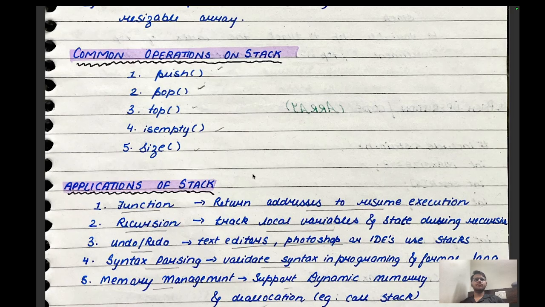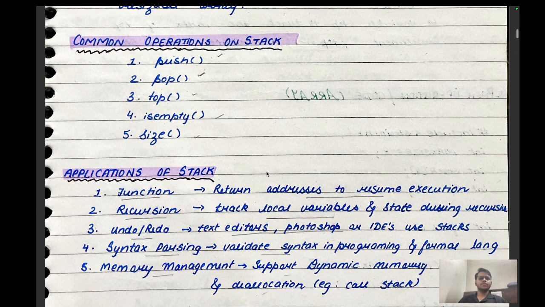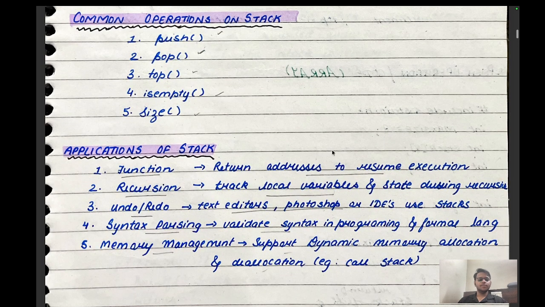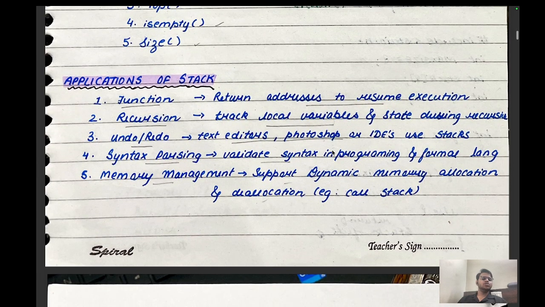For example, if your stack has no elements, then it will return you one, or it can also return you true, based on what you have coded and what data type you have used, boolean or a string. So it depends upon what you have coded, and is empty returns whether the stack is empty or not. Simple. So what are the applications of stack?